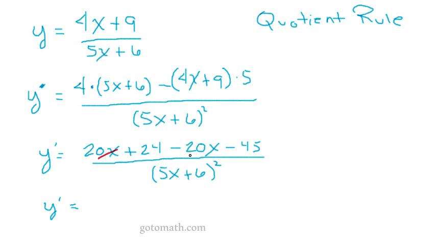We have the 20x's canceling out. And now what we have is 24 minus 45. And what is that, 20? Actually, it's going to be a minus 20, isn't it? Over, and then the denominator squared, of course.